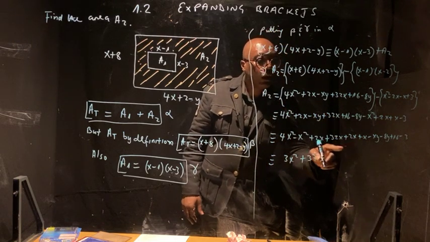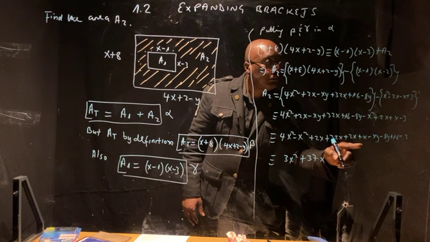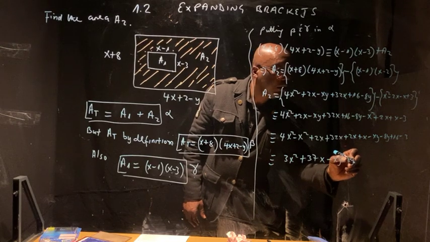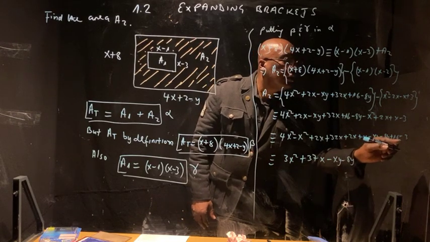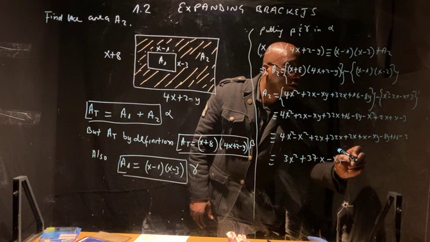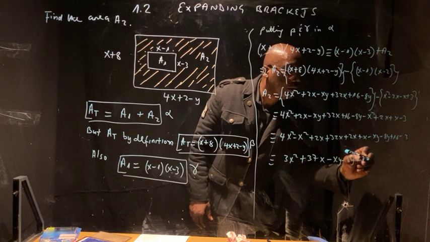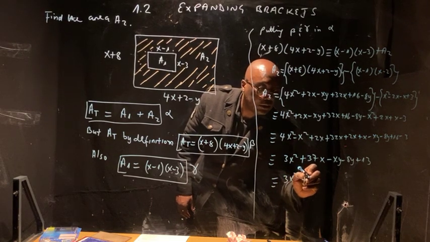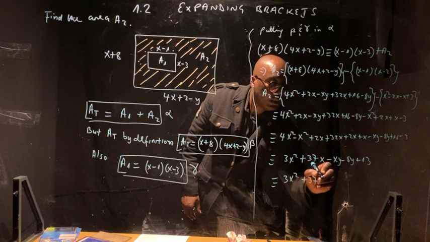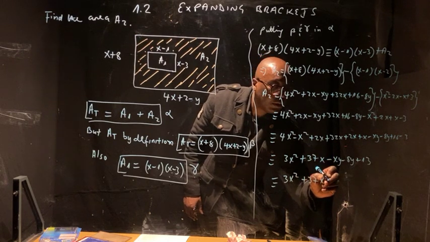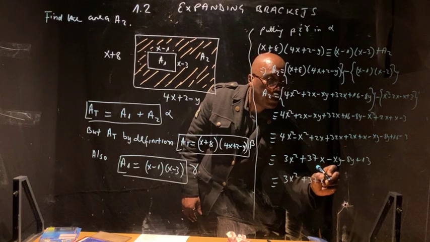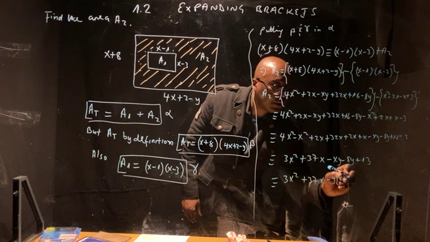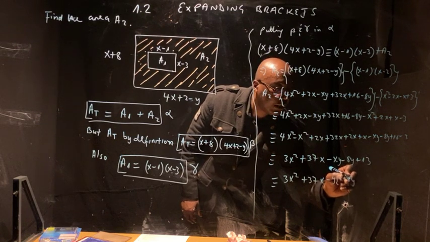Then we have minus xy minus 8y, plus 16 minus 3 is equal to plus 13. Or we can say 3x squared plus 37x minus y(x plus 8), we have factorized the y outside, plus 13.